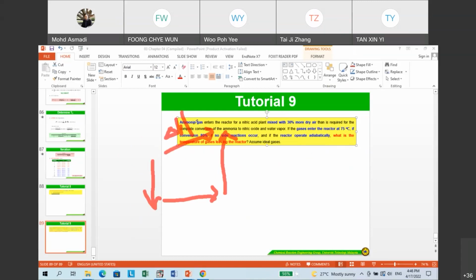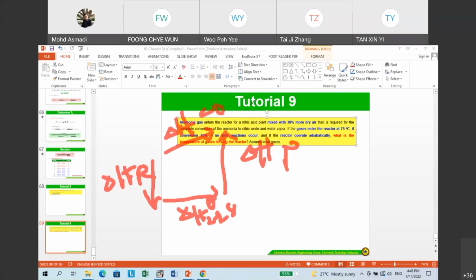delta H equal to 0. Okay, this one is delta HP and delta HR. This one is delta H298 zero. So this one is temperature at 298.